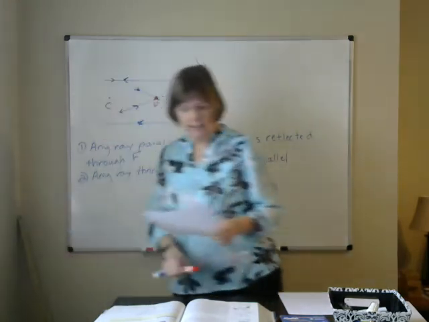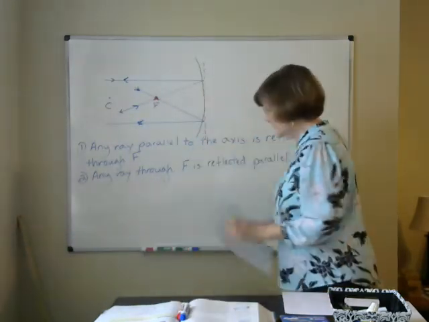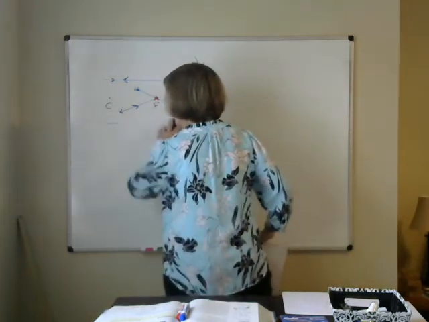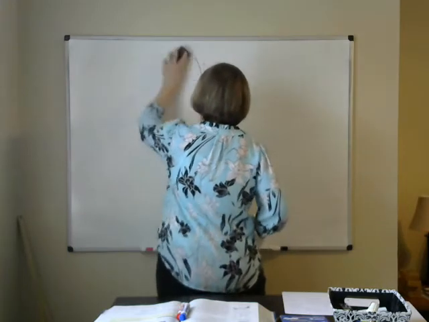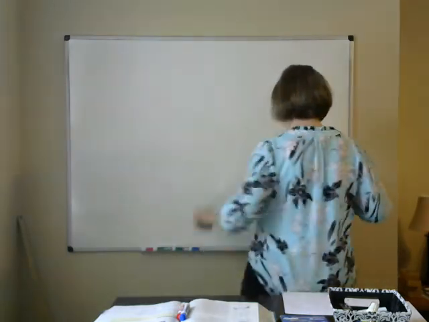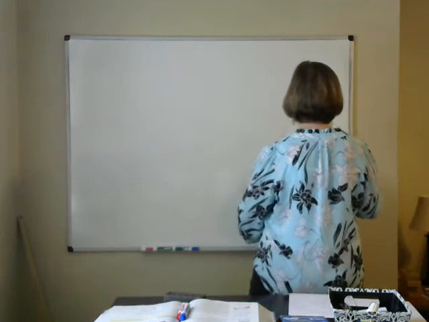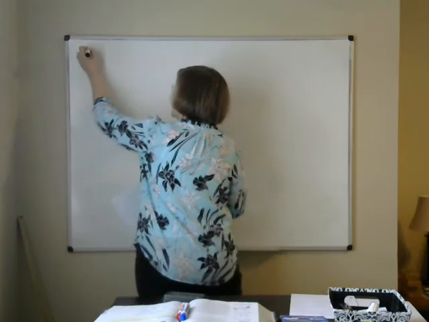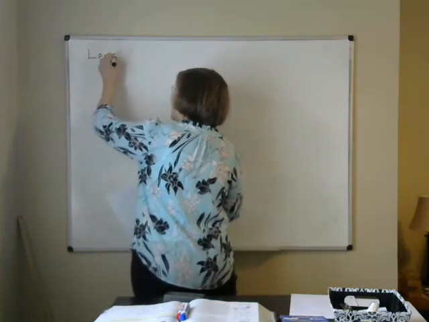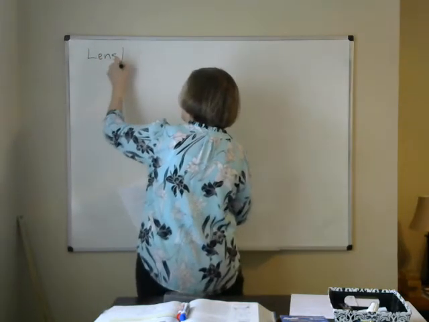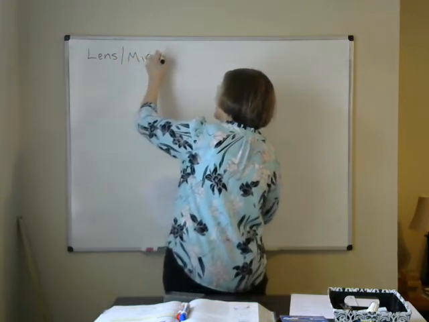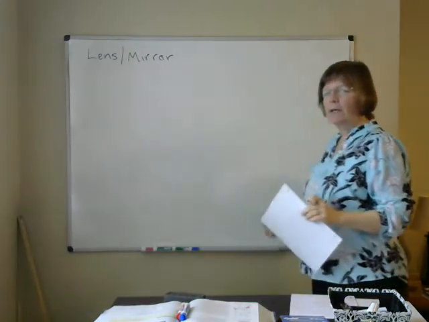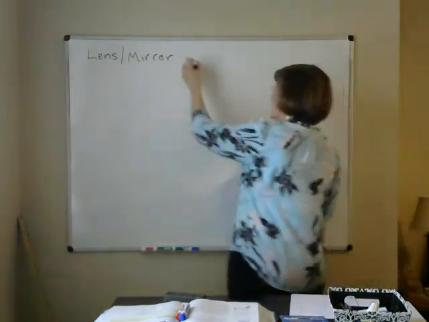So let's look at the lens mirror equations. One really nice thing is these equations work for a lens or for a mirror. It's nice we have two different types of optical instruments, lenses and mirrors, but they have the same equations.